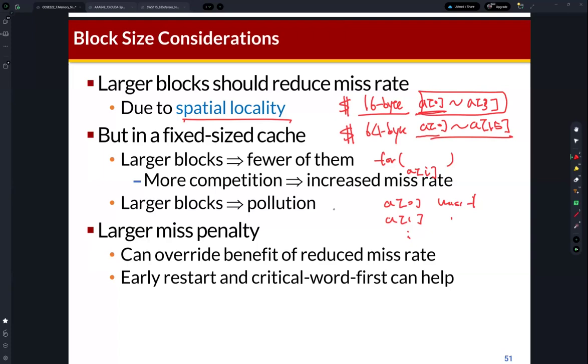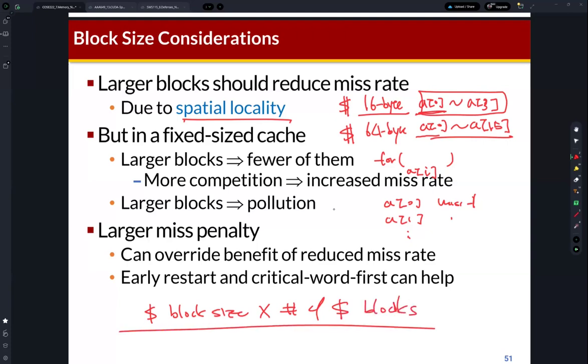So if the cache size is the same, for example, we can calculate the size of the cache like this: the cache block size multiplied by the number of cache blocks. Obviously, right? This is the size of the cache.